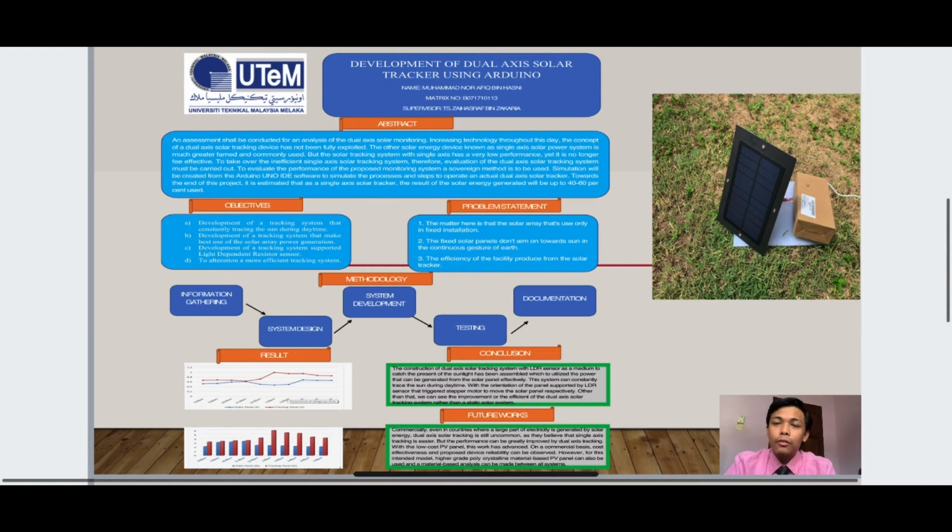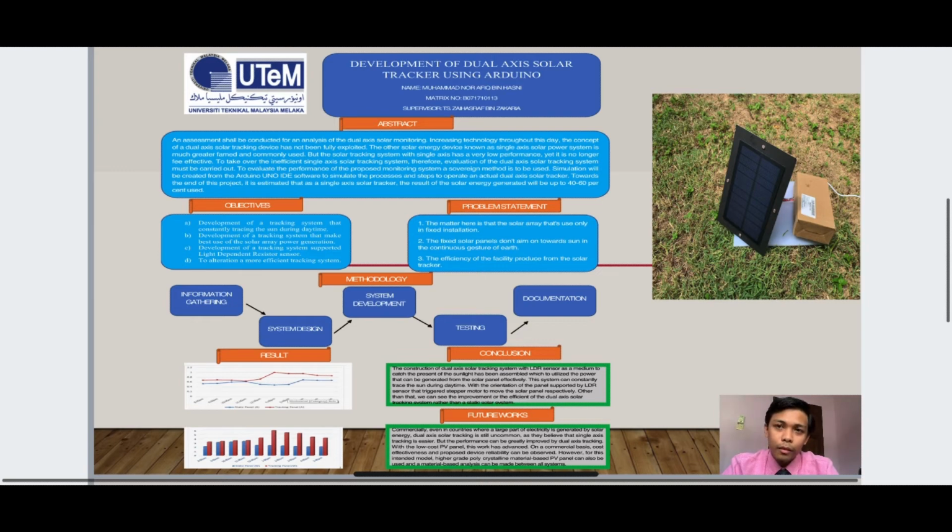Lastly, from the result, we can see the improvement in efficiency of the dual axis solar tracker over the static panel. So the conclusion is that the dual axis solar tracker is more efficient than static solar.